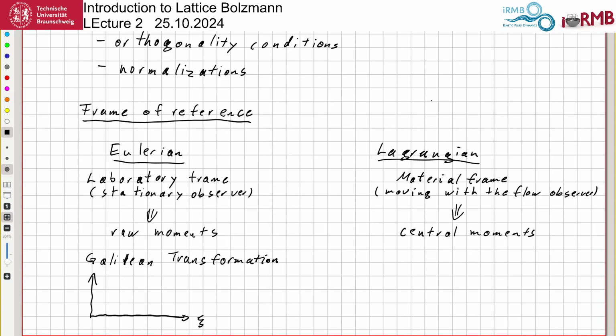Say we have here Xi, and we have here our F. And now we have something that's similar to an equilibrium distribution function, which means that most of the velocities have very, very small probability, and only a certain velocity has a high probability, and this, due to the temperature, has a certain width.